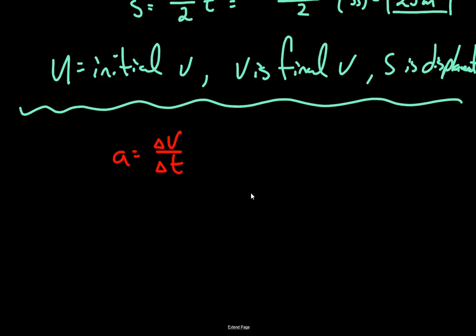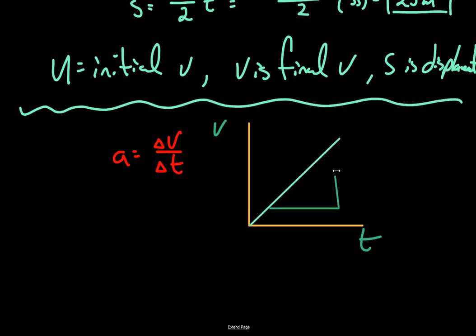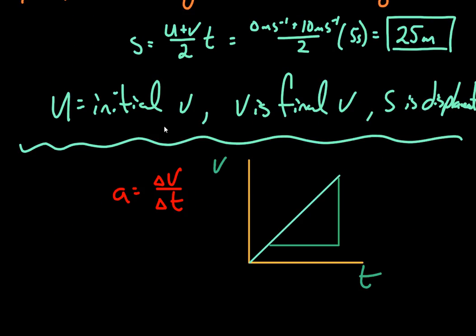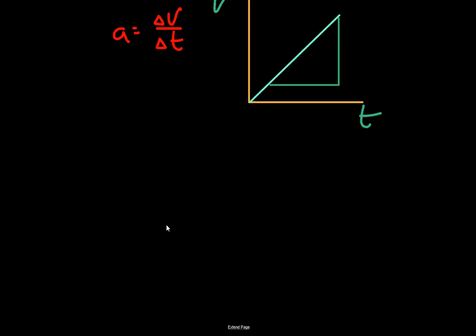So now we can generate a new graph, which is an acceleration time graph. So if this is velocity and this is time, okay, and we see that our velocity is increasing as time goes by, and then we take that graph and we do a rise over a run, right? The rate of change in velocity is called acceleration, okay? So if you look, essentially we get this kind of an order going on here.